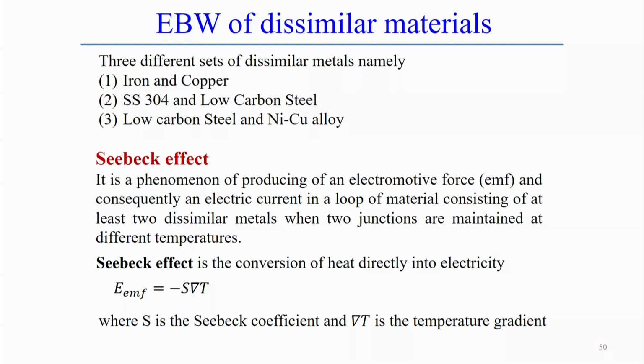Before doing that, we will look back at what the Seebeck effect is. The Seebeck effect is the phenomenon of producing an electromotive force, and consequently an electric current, in a loop of material consisting of at least two dissimilar materials when the junctions are maintained at two different temperatures. In general, it is the conversion of heat directly into electricity, where the heat comes in terms of the temperature gradient.